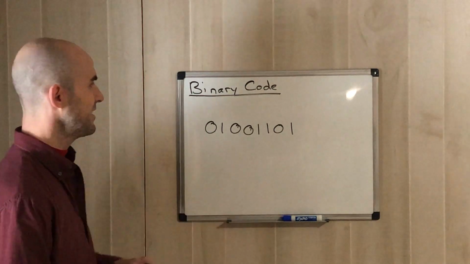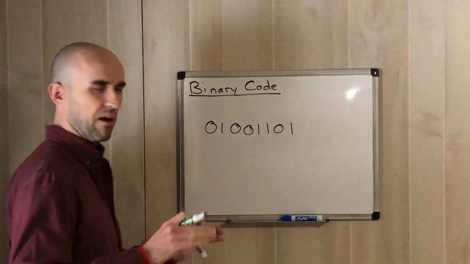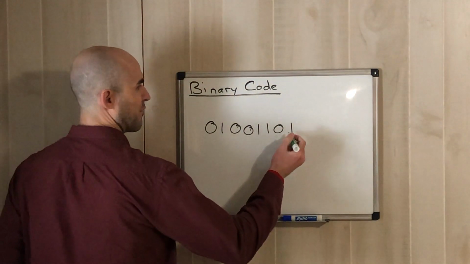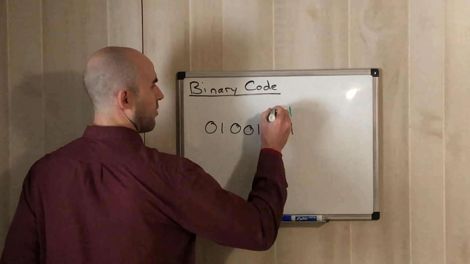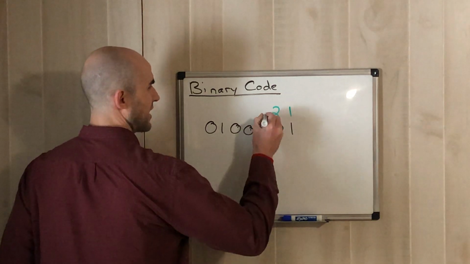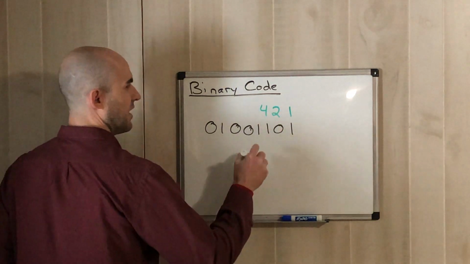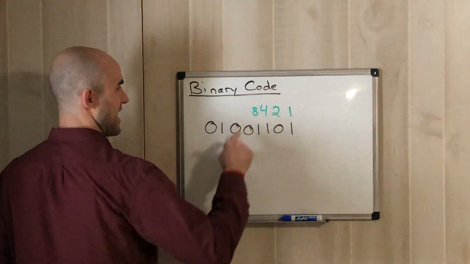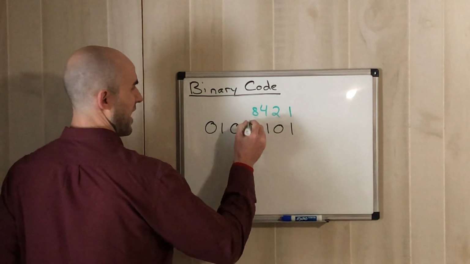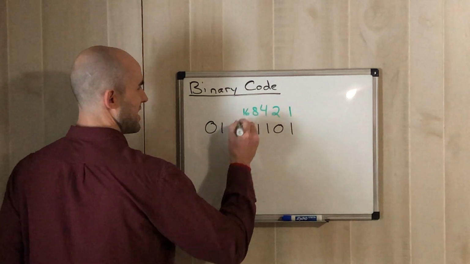So when looking at this, we practiced, again, all review, where we always start from the right. The first one has a value of 1. The second one has a value of 2. The next one has a value of 4. The next one has a value of 8. And the pattern, 1, 2, 4, 8, is always doubling. So the next one after 8 is 16.